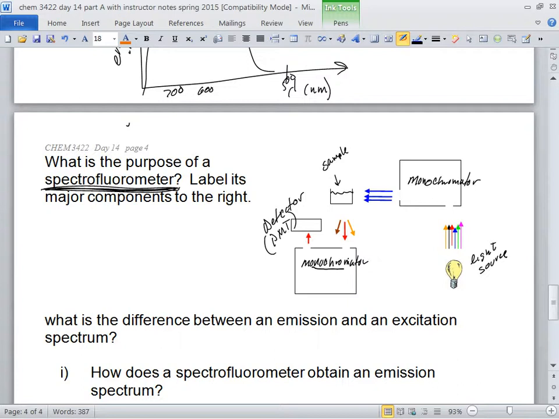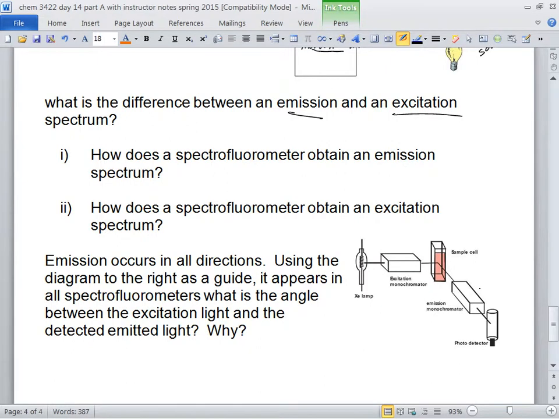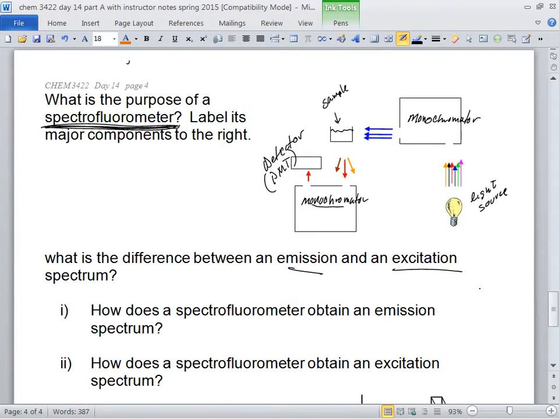With this spectrofluorometer, you can get an emission spectrum and you can get an excitation spectrum. So we talked about emission spectrum. Well, we should number these just to make it clear. Monochromator number 1, monochromator number 2.